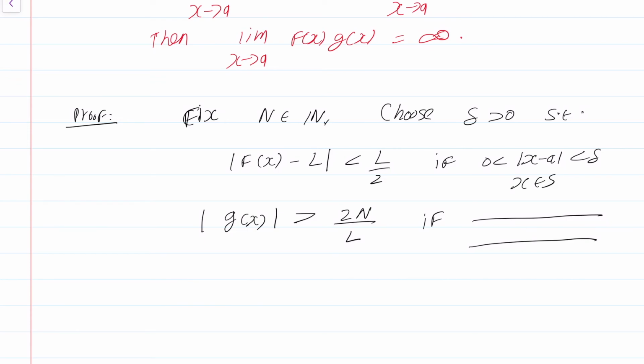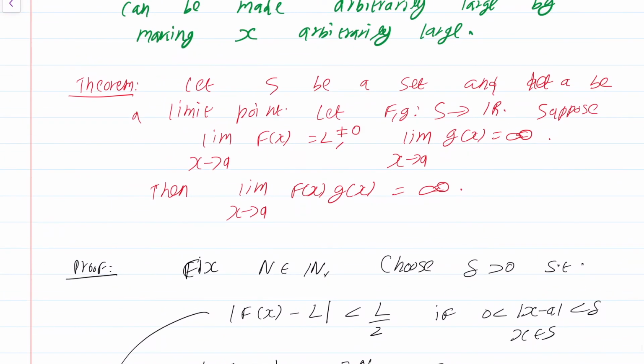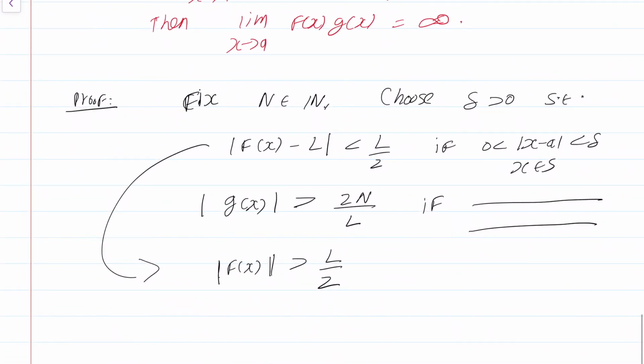Now, the first condition immediately gives that |f(x)| is greater than L by 2. Again, L is not equal to 0, and in fact L greater than 0 is a better condition. That is required. Excellent, we have both these.